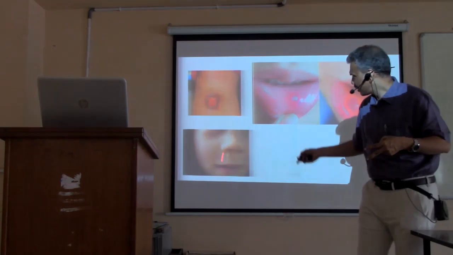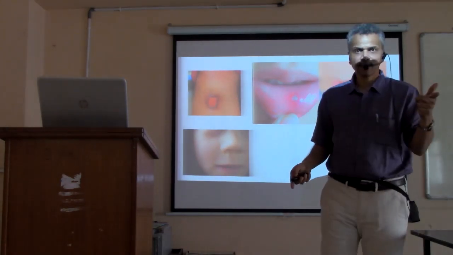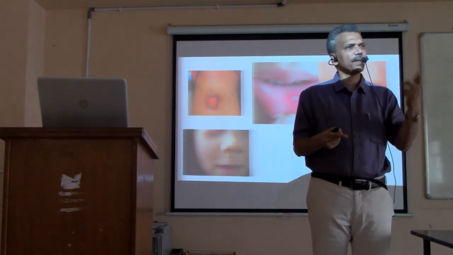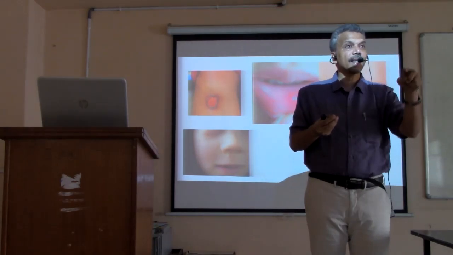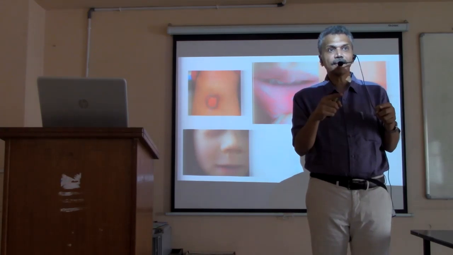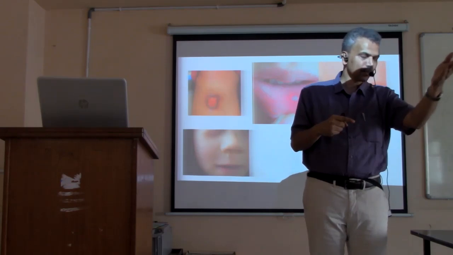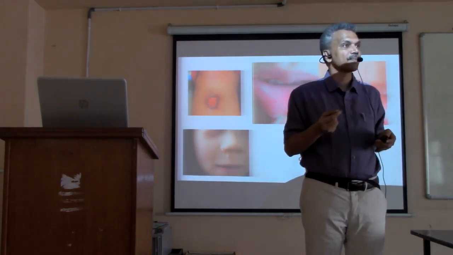Any other acrid excoriating discharges? Any other remedy you can think of? Very good. Allium cepa. Simple remedy. What is acrid in Allium cepa? Nasal discharge. How acrid is the nasal discharge? It eats off the mustache.